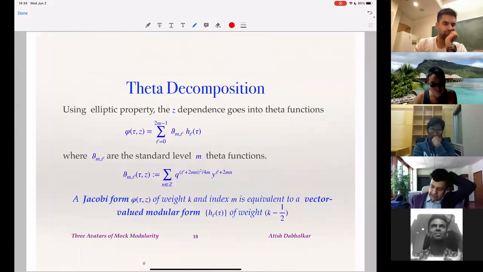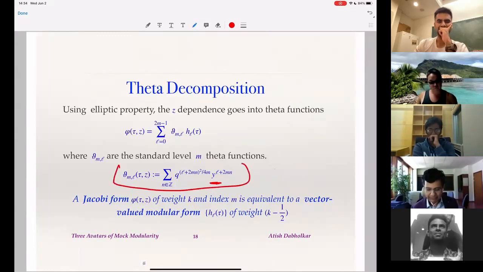So you get what is known as the theta decomposition, basically because a Jacobi form is essentially translational invariant up to phases. So you can take care of those phases, and there is a simplest kind of translational invariant function that you can write down with the right phase properties, and that's the standard level m theta function. So you just take q to the power something, it's basically Gaussians, multiplied by the phases such that it has the right transformation properties of the Jacobi form.